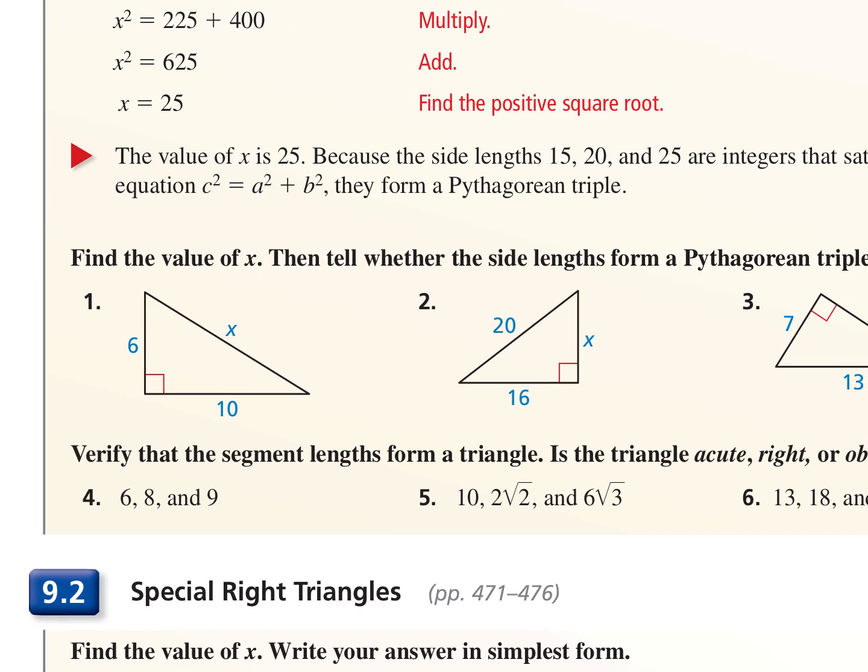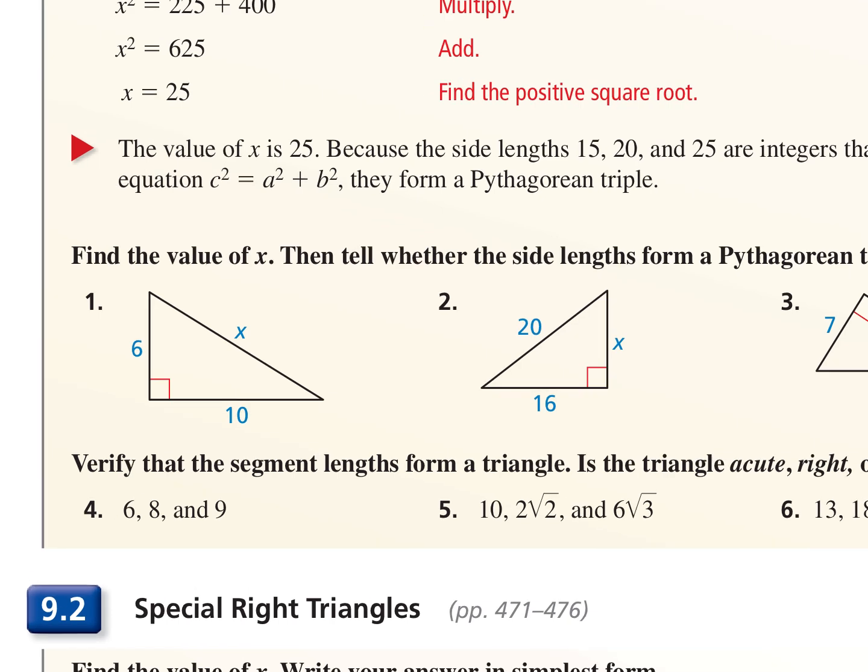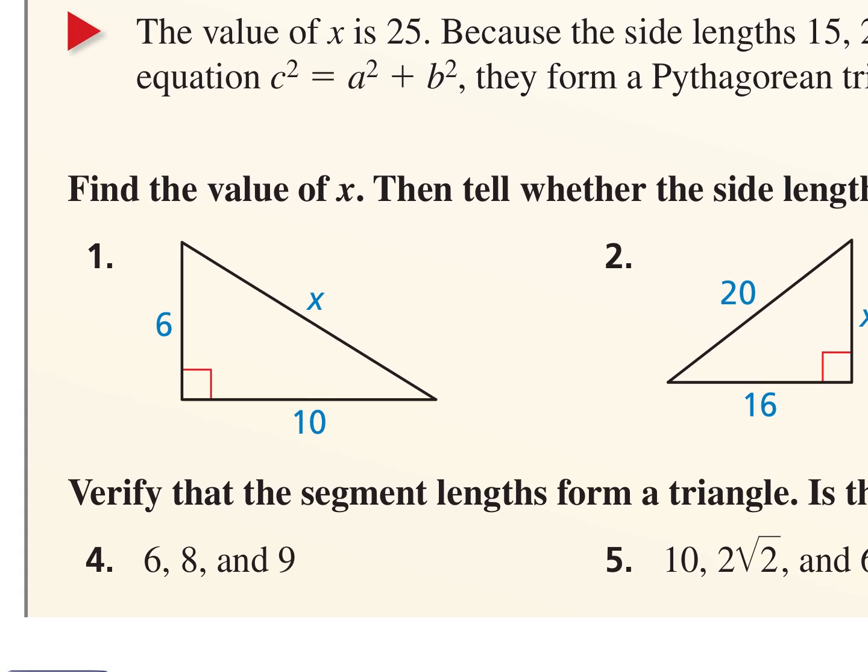All right, looking at this, for the odds, it says find the value of x, then tell whether the side lengths form a Pythagorean triple. Okay, so as long as it forms all whole numbers, it's a Pythagorean triple. So looking at this, I'm going to first identify what my hypotenuse is. So x is my hypotenuse, which is going to be my c, and then I have a over here and b over here.